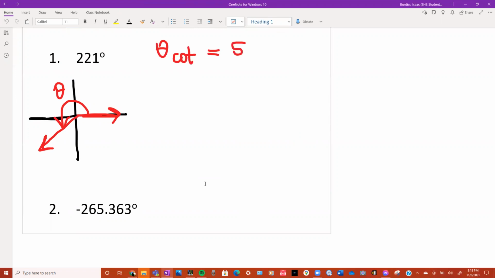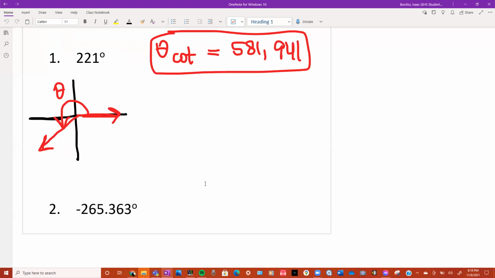That is in between 500 and 1000. 581 plus 360 is 941. That's between 500 and 1000. But if you added 360 again, that wouldn't work. That would be greater than 1000. So these are the only coterminal angles that there are.